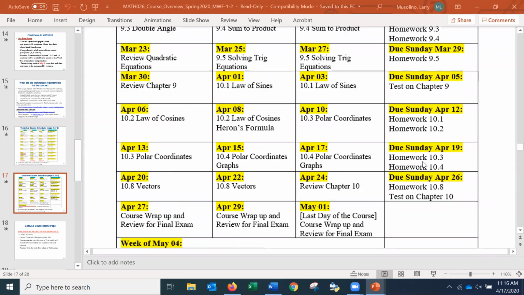And then you could see on this Sunday, there's 2 homeworks due, the 10.3 and 10.4 homework. Folks, remember, these homeworks are kept open until May 1st with no late penalties, but please try to stay on schedule. I know you have other courses you might be taking and other responsibilities that you have, but to the best of your ability, please try to keep up with our schedule here for MATH026. And so it'll be 15 questions on the chapter 10 test then.